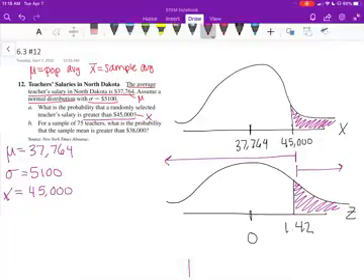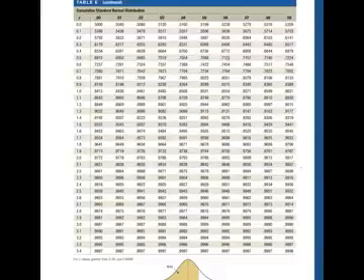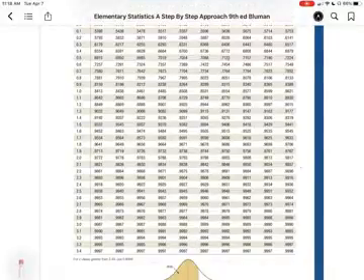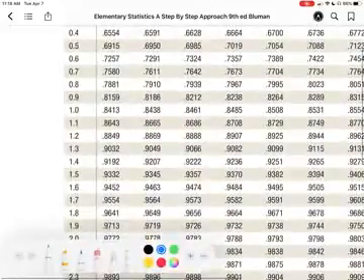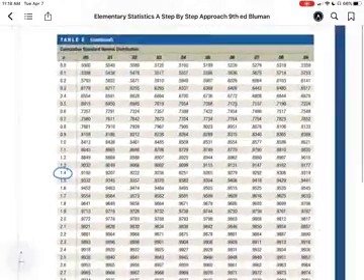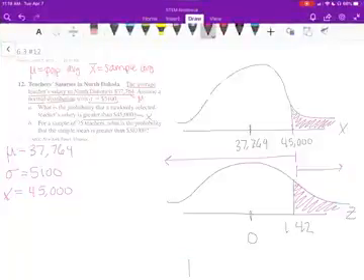So let's look that up in our chart here. 1.42, and it's a positive number, so we go to our positive distribution. 1.4 is here, 0.02 is here, so we have 0.9222. That's our area to the left.